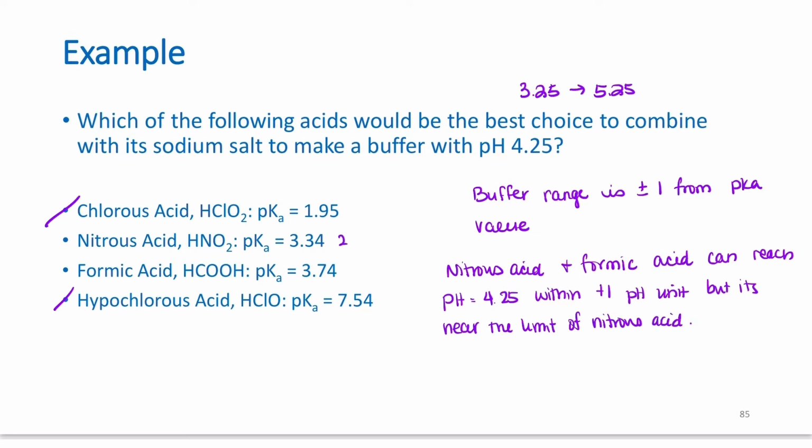This is valid from 2.34 to 4.34. This is valid from 2.74 to 4.74. Formic acid is your better choice, because it's fitting within that range even better.